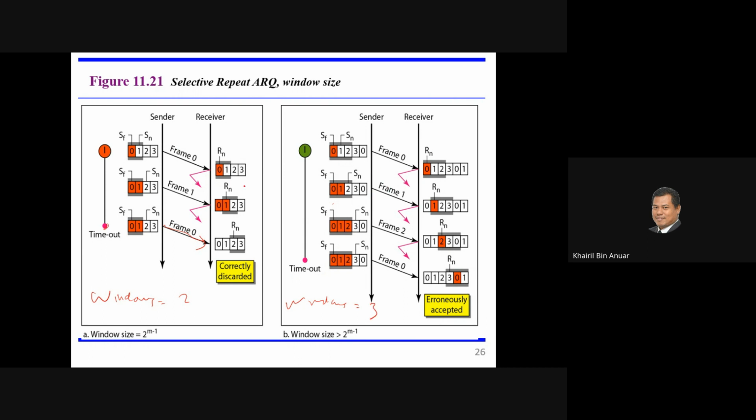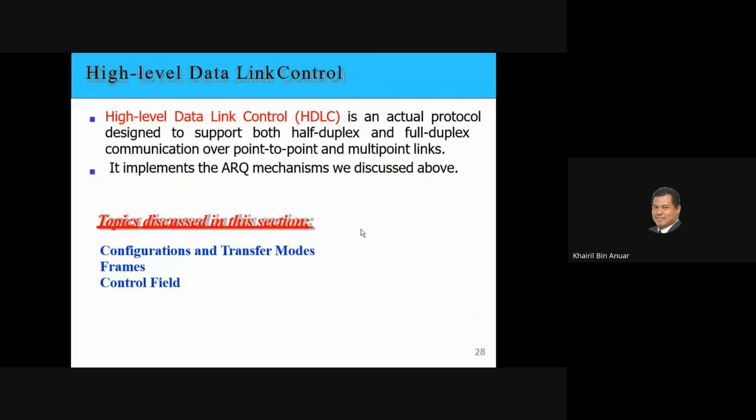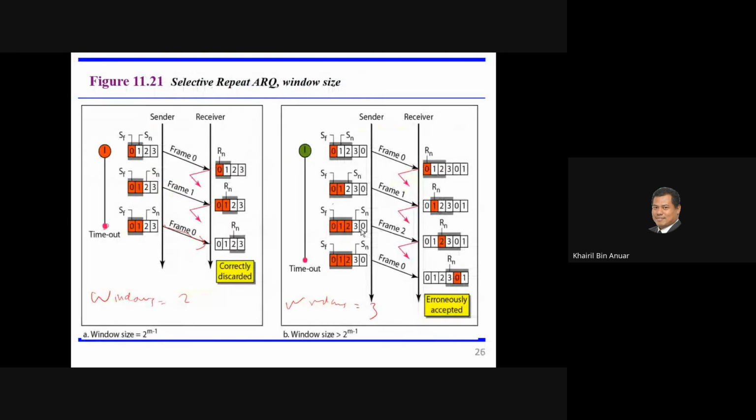You receive 1, receive 2, receive 3, then you move on with the sliding window. But if you don't receive it, you retransmit the same information. And that will be about the sliding windows.